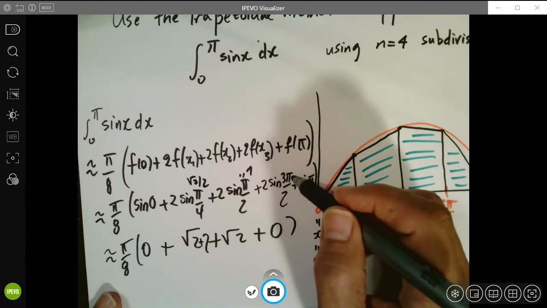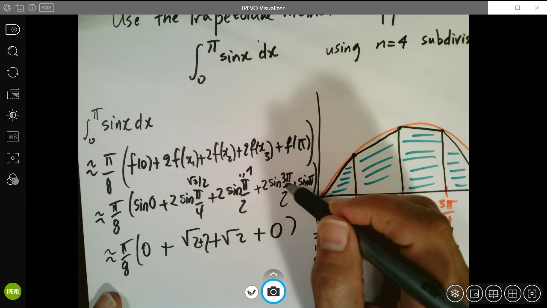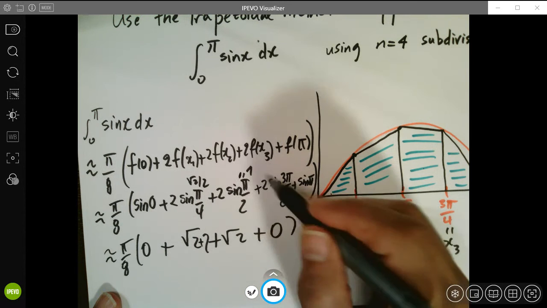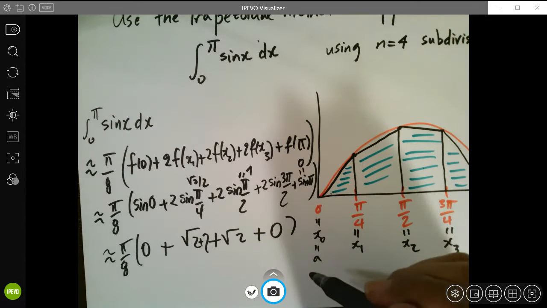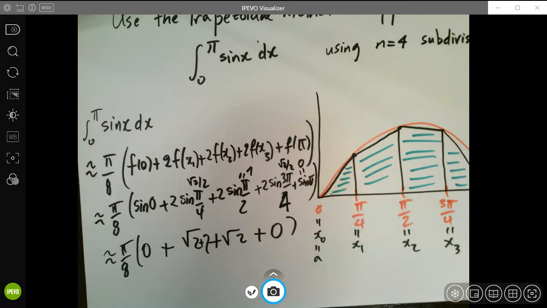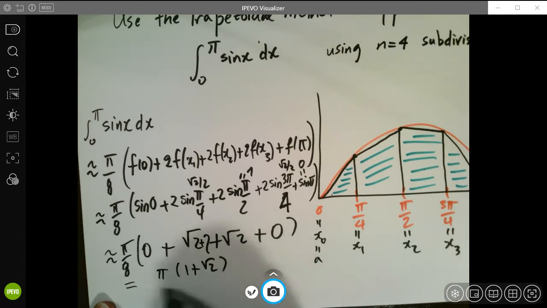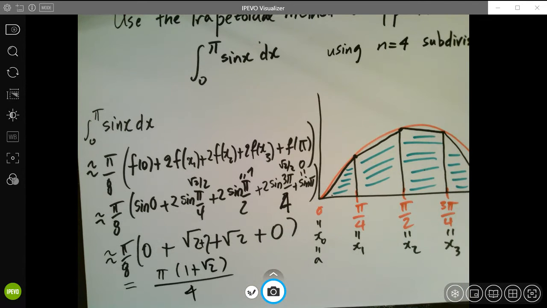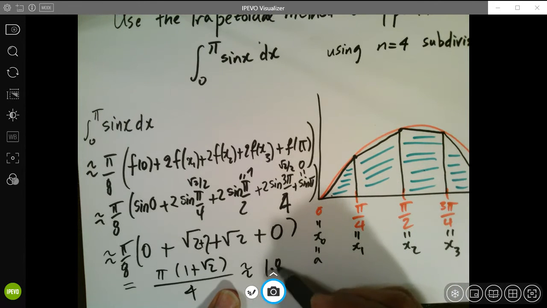Okay, root of 2 over 2. If you do the math, this is about 1.896.